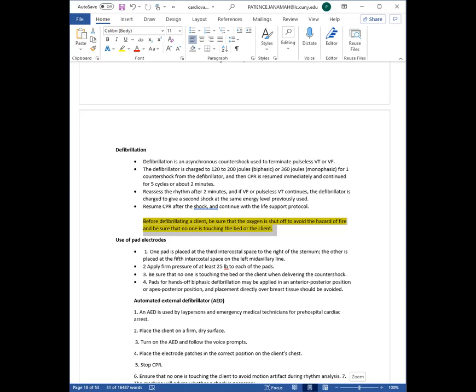You don't want to keep pumping the ambu bag, giving oxygen while the machine is shocking the patient. You can cause a hazard. There's a tendency of it catching fire because that machine is electric. It has magnetic fields on it to provide shock. That's why they don't even want anybody to touch the machine or the patient. When they tell you shock is advised, everybody stop.